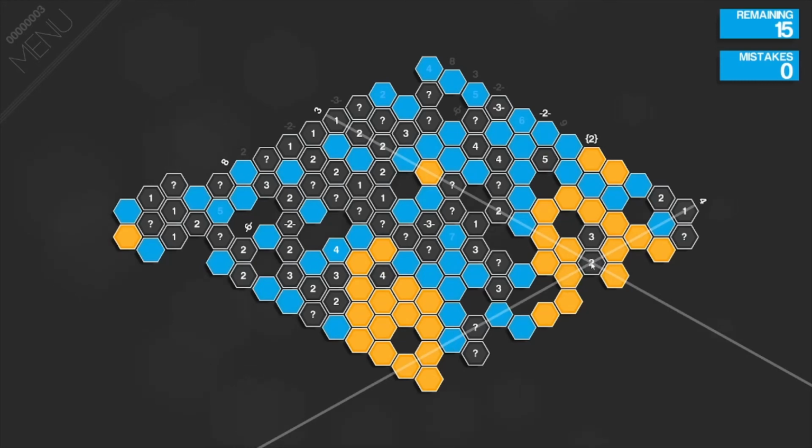If with this 2, neither of these cells were bombs, that would mean that both of these cells must be bombs, which would make 1, 2, 3, 4 within this column of 3, which would contradict that 3. So that means there must be 1 bomb in either of these 2 cells and 1 bomb in either of these 2 cells.